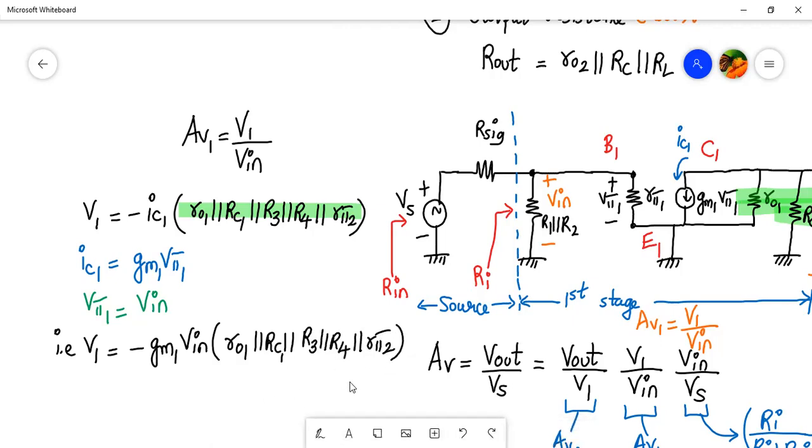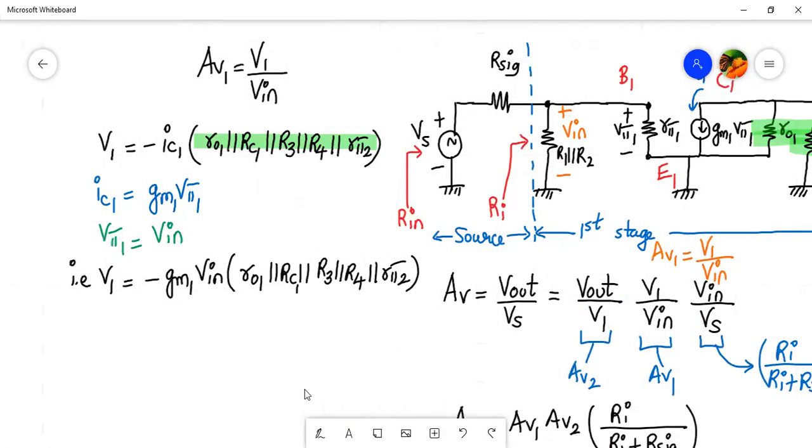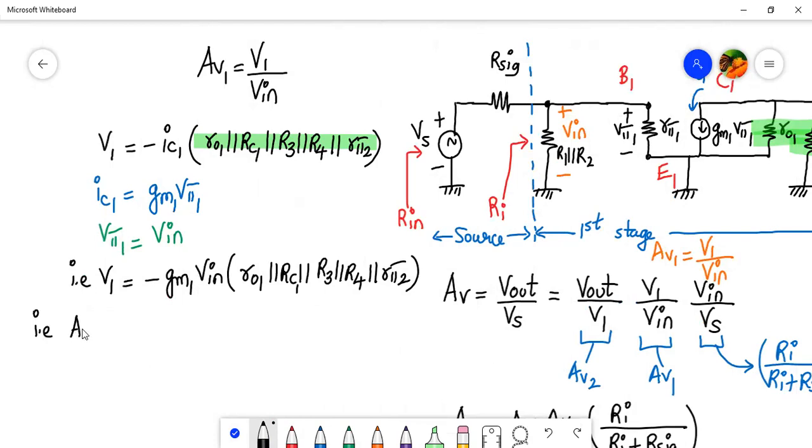Okay. And now we know that AV1 is V1 upon V in. So we can write easily AV1, which is equal to V1 upon V in, is equal to minus of GM1 into those 5 resistances in parallel.